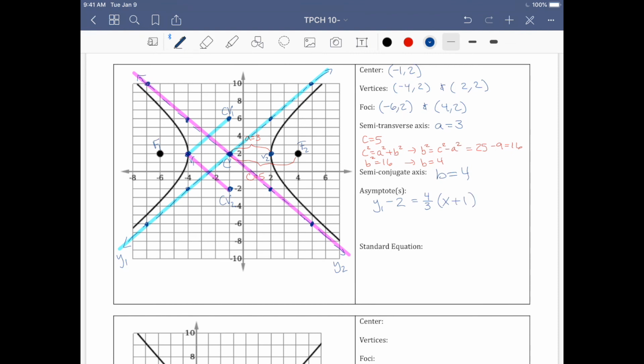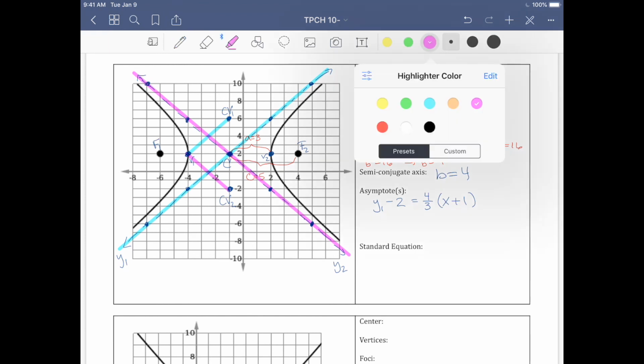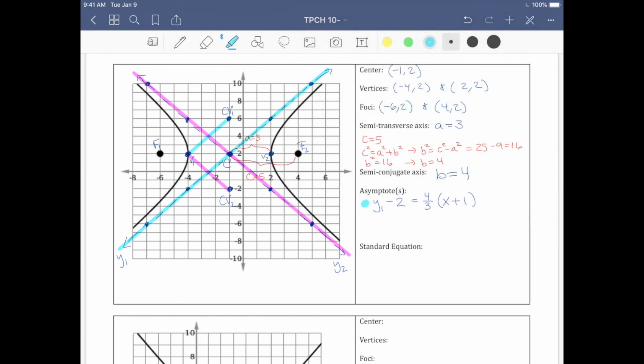And that's the equation for our blue line. Here, I'll go ahead and label it blue. Now for our pink line, we're still going to go through the center, so I'm going to use the same one. So y minus 2 equals, this time it's negative 4/3 times x plus 1.